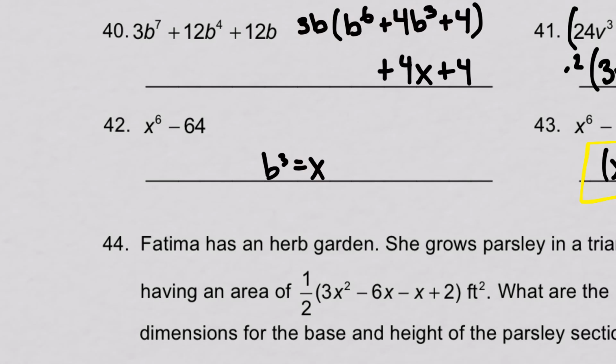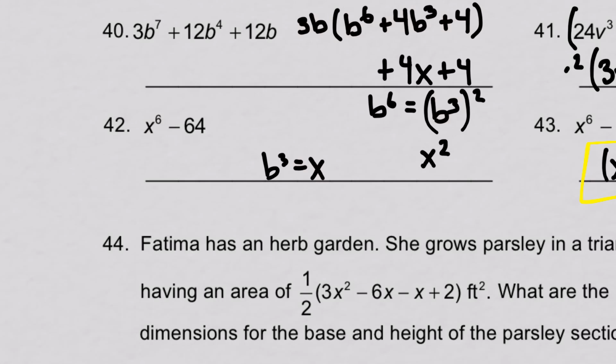Now b to the 6th, if you think about it, we've done a similar one where we did x to the 6th, is the same thing as b cubed squared. And therefore I see a b cubed right there. I'm going to replace this with x, so it's actually going to be x squared.